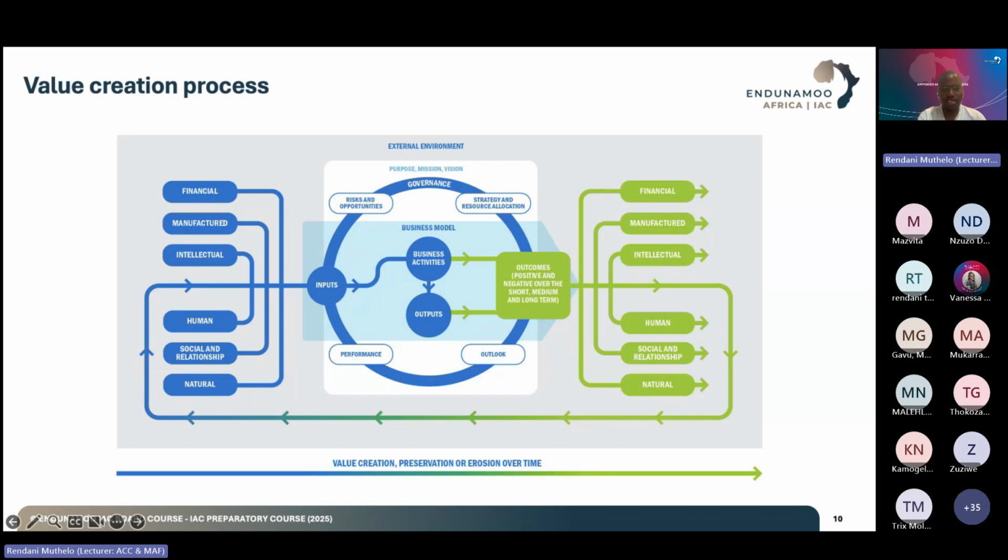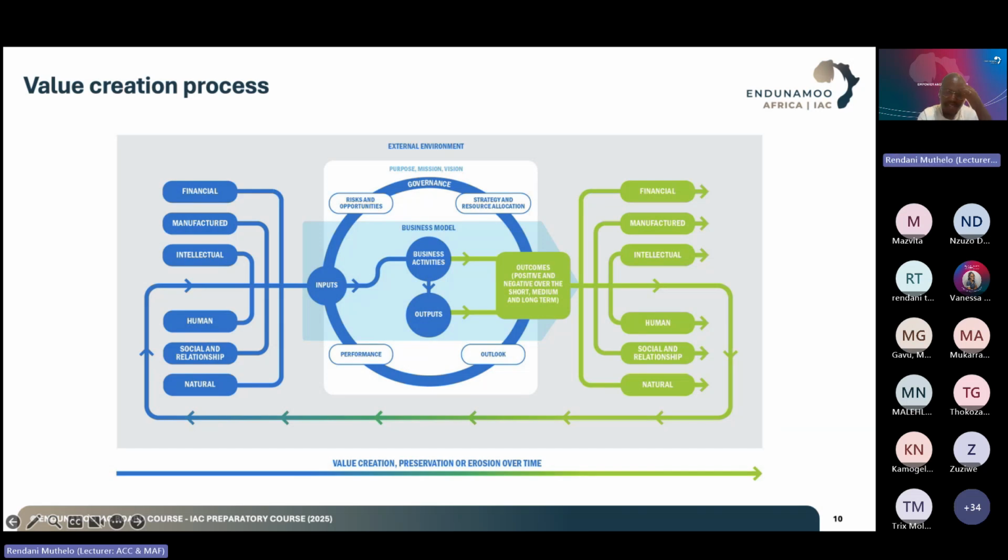So I don't want to spend a lot of time here, but I just want to explain how you will be expected to demonstrate business acumen in this particular context. You'll be expected to understand business acumen by understanding the different capitals, how they interact with each other, and how they're processed as part of the transformation journey.